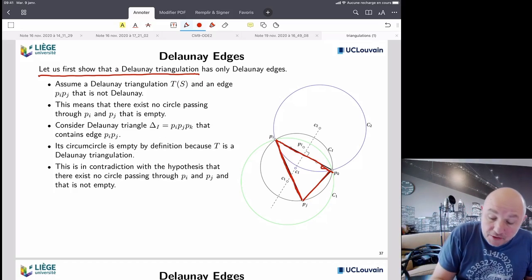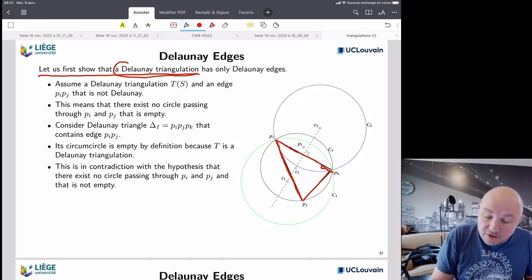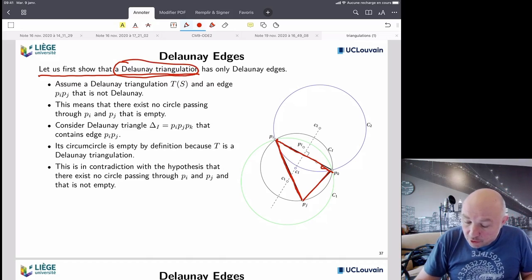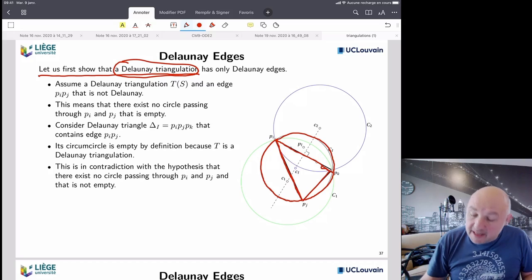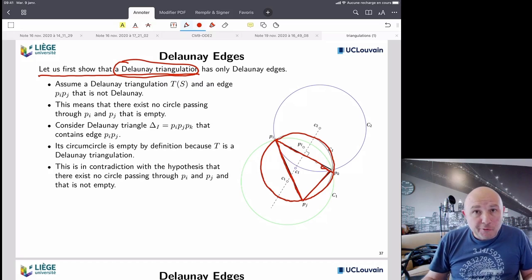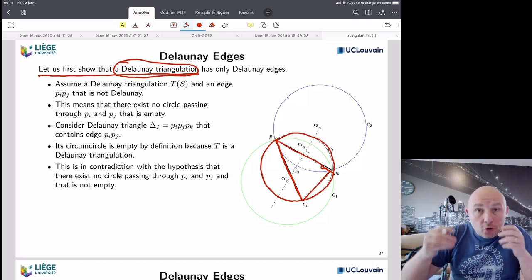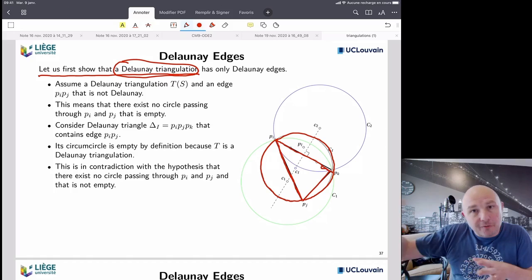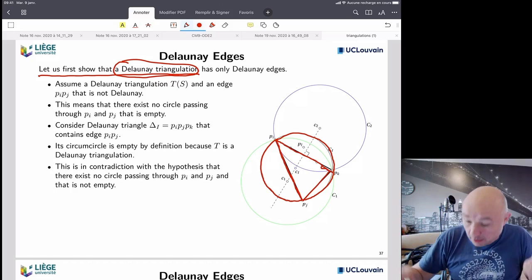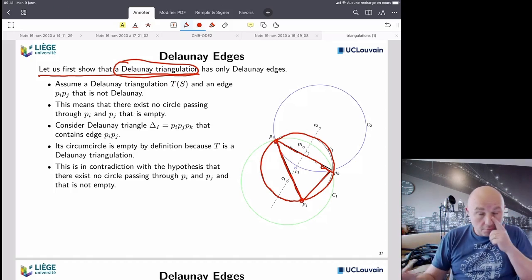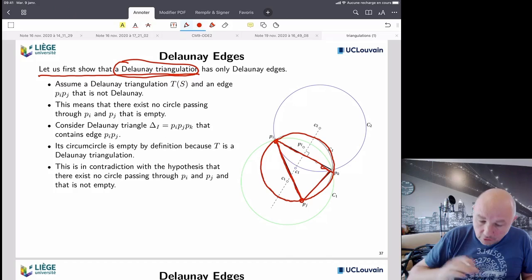And because of the hypothesis that it is a Delaunay triangulation, the circle of every triangle is empty. Which means that I'm going to choose the circle corresponding to the adjacent triangle. This one is empty, and this one passes through PI and PJ. So it's okay. First part of the proof.